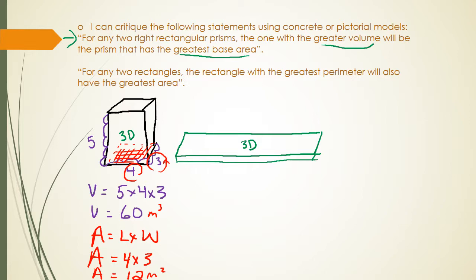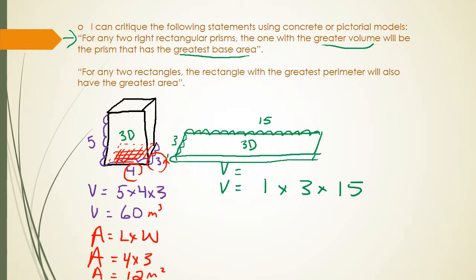Let's do the green one. So I'll just count out some random numbers here. 1, 2, 3. 1, 2, 3, 4, 5, 6, 7, 8, 9, 10, 11, 12, 13, 14, 15. And then the height is going to be 1. Okay, so volume, 1 times 3 times 15.